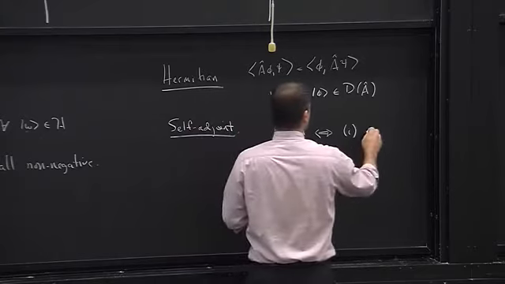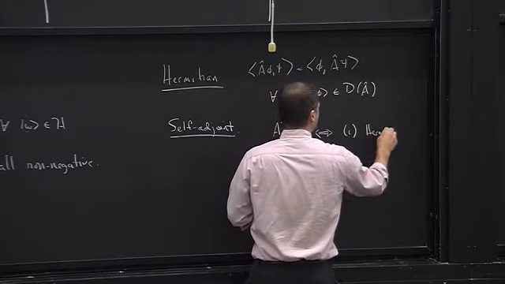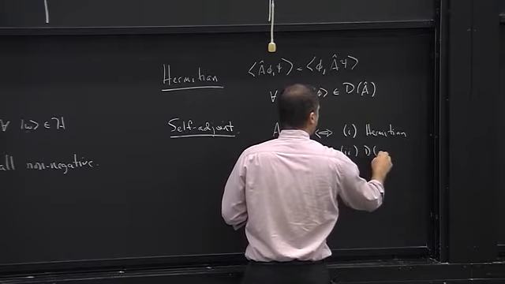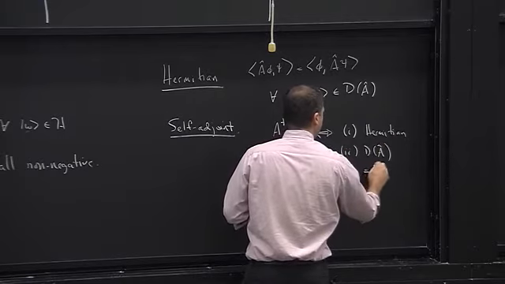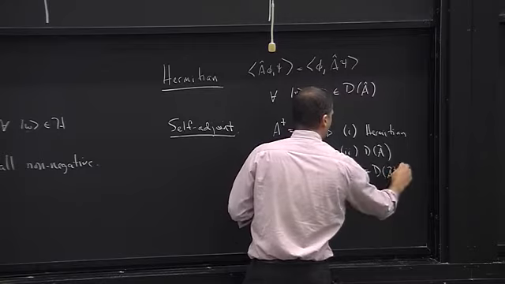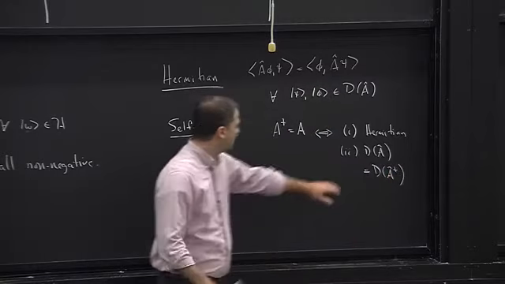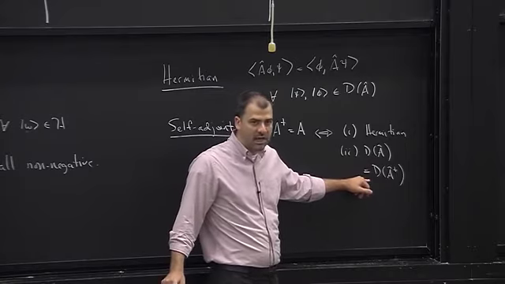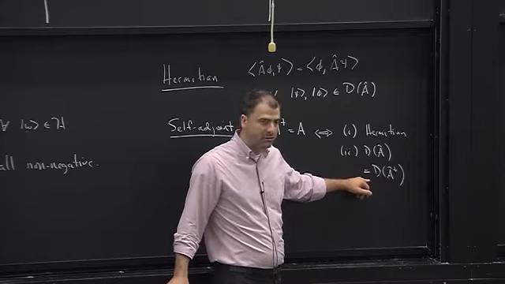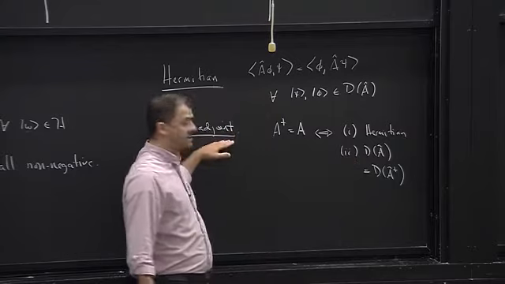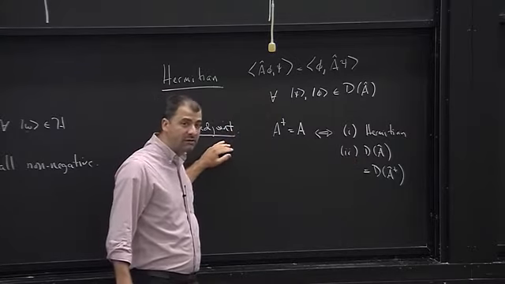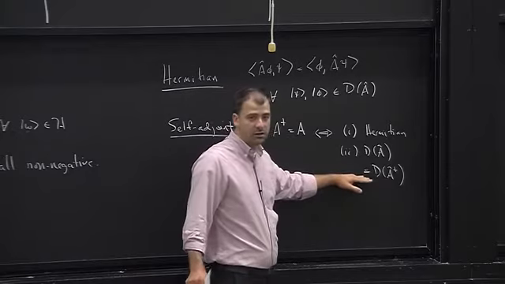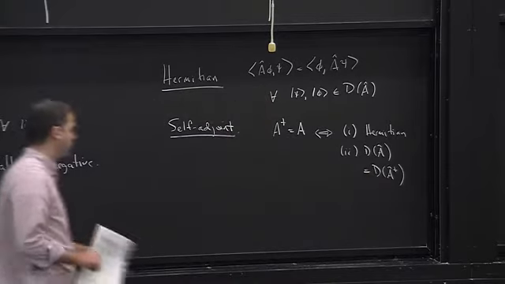One, that it's Hermitian, and two, that the domain of A is the same as the domain of A dagger. And again, the possibility that these two things are not equal only happens in infinite dimensions. So in finite dimensional quantum mechanics, Hermitian and self-adjoint are equivalent. In infinite dimensional Hilbert spaces, they're not equivalent. There's a stronger condition for self-adjointness.